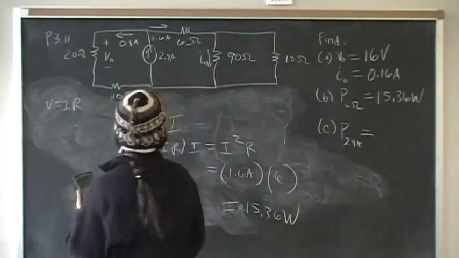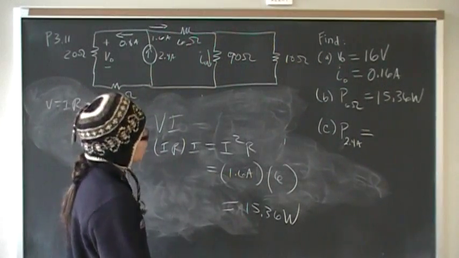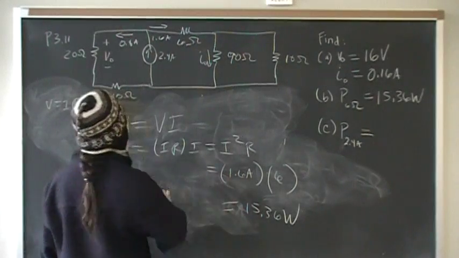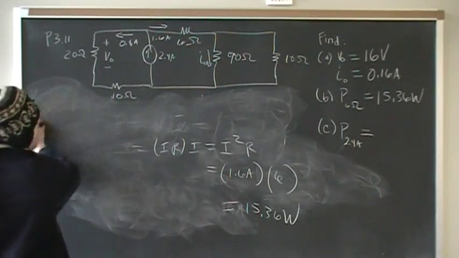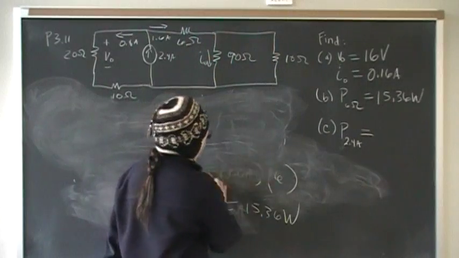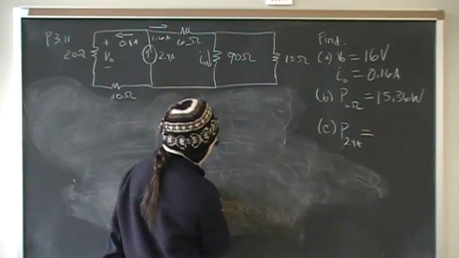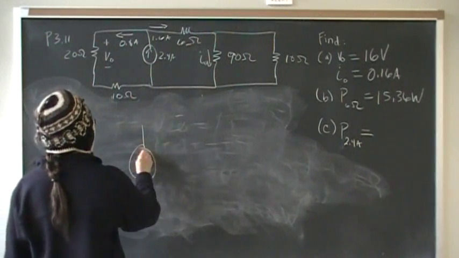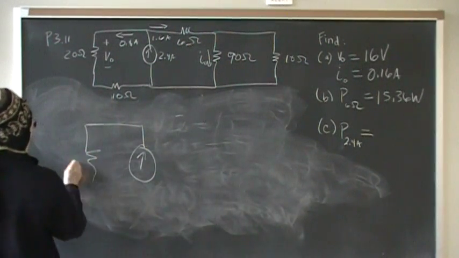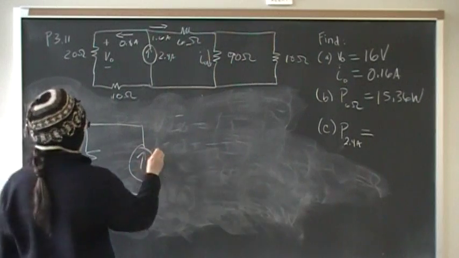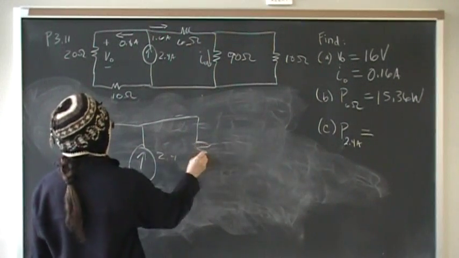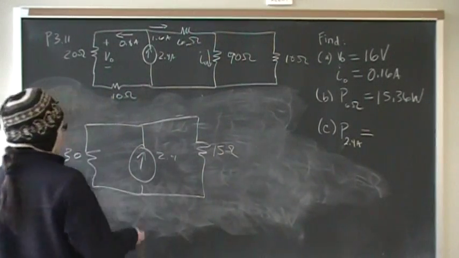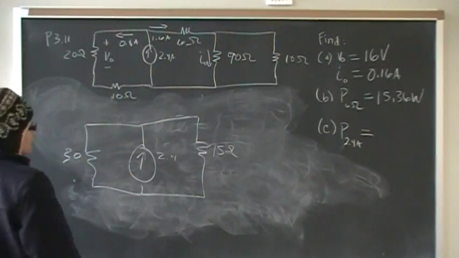Okay, and the last part of the problem is: what is the power developed by the 2.4 amp current source? Well, remember in part A when we were doing current division, we had narrowed our circuit down to 30 over here and 15 over here. So now we can see that these are parallel connected.